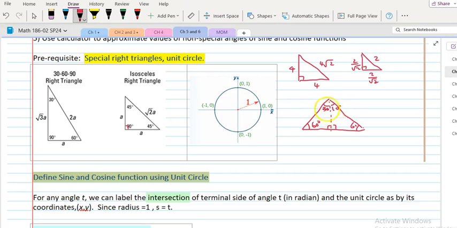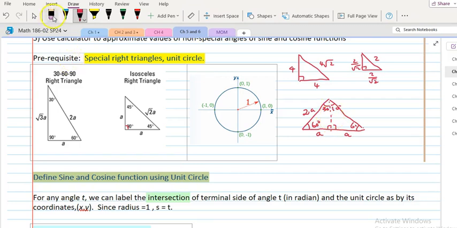The template would be: if the short side, the one facing the 30-degree angle, is A, then the hypotenuse is 2A because it's equilateral. And then the height, if you use the Pythagorean theorem to calculate it, is A root 3.